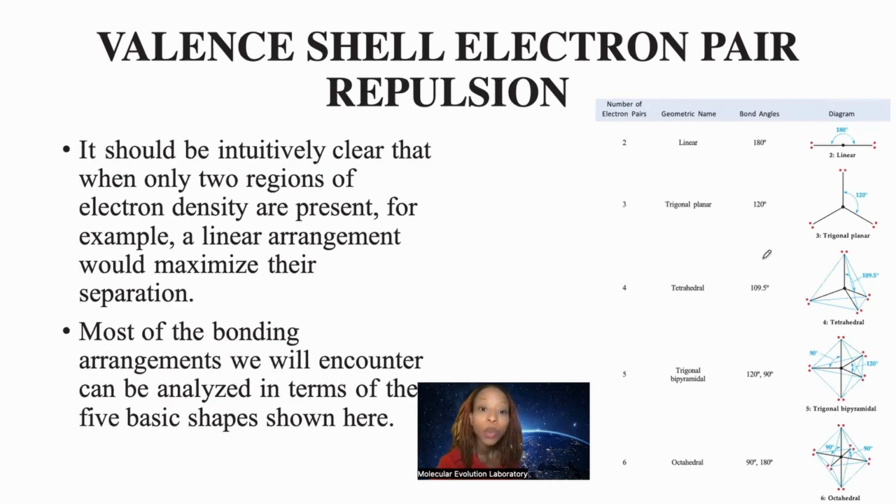It should be intuitively clear that when only 2 regions of electron density are present, for example, a linear arrangement would maximize their separation. Most of the bonding arrangements we will encounter can be analyzed in terms of 5 basic shapes, as we have discussed before. The 5 basic shapes are linear, trigonal planar, tetrahedral, trigonal bipyramidal, and octahedral.